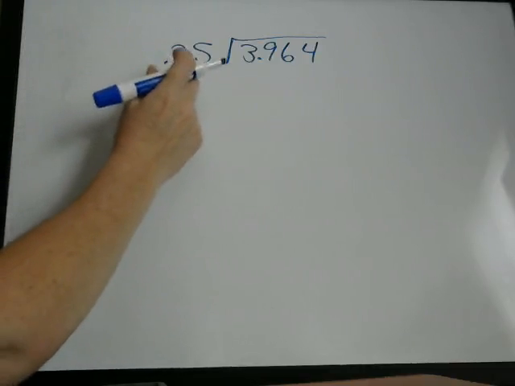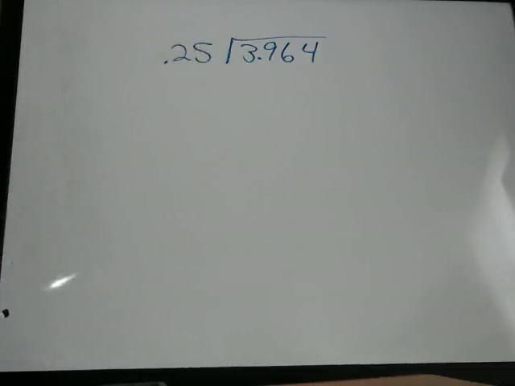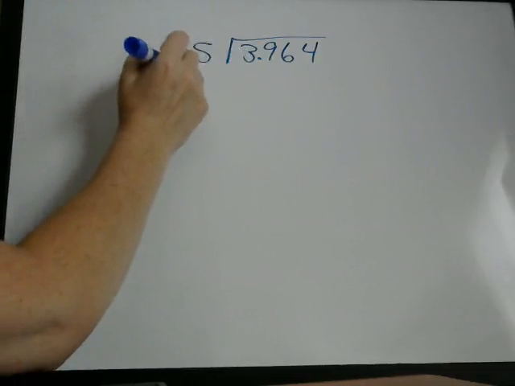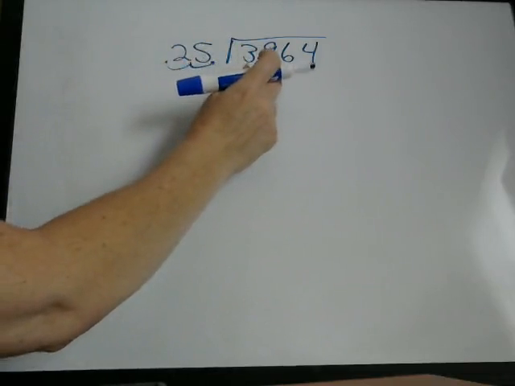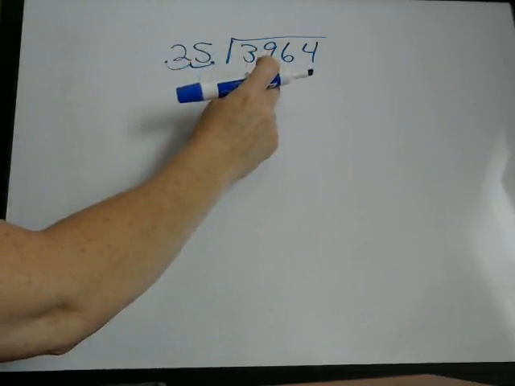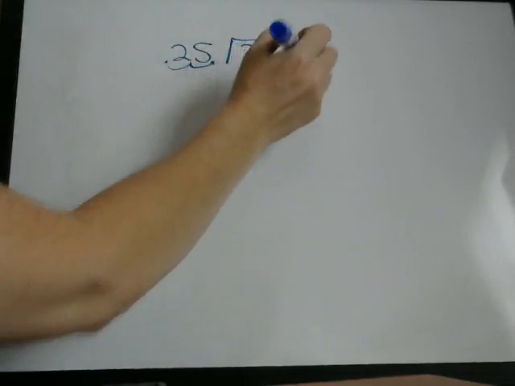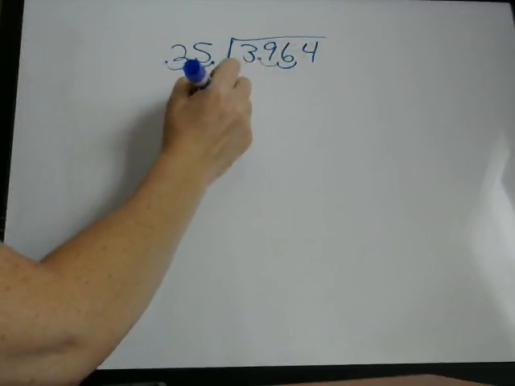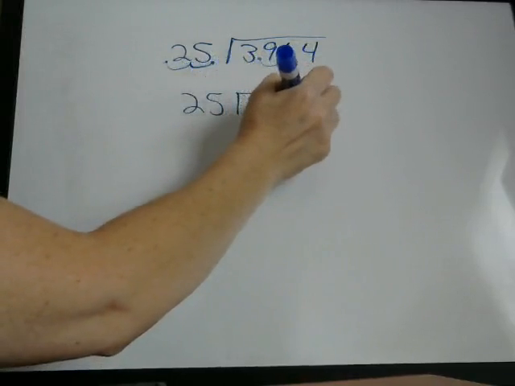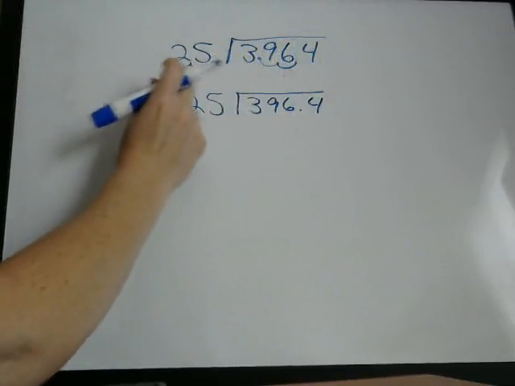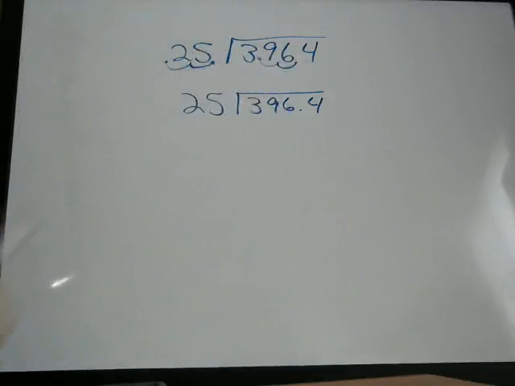So we're going to move this decimal point to the right as many times as it takes to get a whole number: 1, 2. If we move this to the right 2, we have to move this to the right the same number of times, so twice: 1, 2. So now we write this as 25 into 396.4 because we've moved the decimal twice in each number. And then we just do normal long division like we normally do.